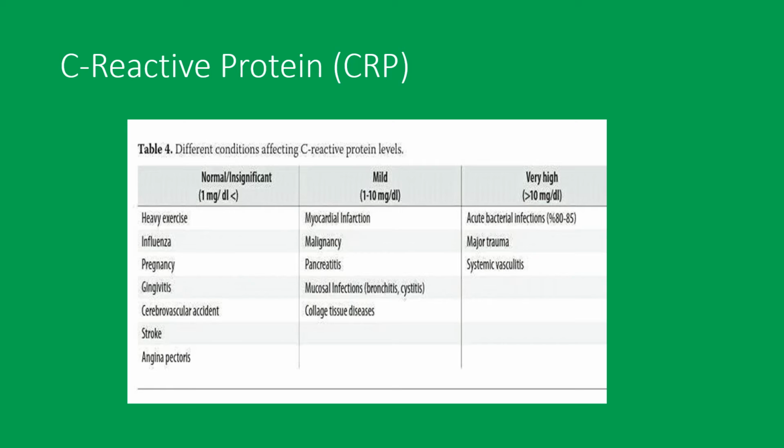However, with the development of your high sensitivity CRP, this biomarker can detect myocardial infarction. So in this slide, the CRP level that we are referring to is actually not the high sensitivity CRP. And very high levels are identified in acute bacterial infection, major trauma, and systemic vasculitis.